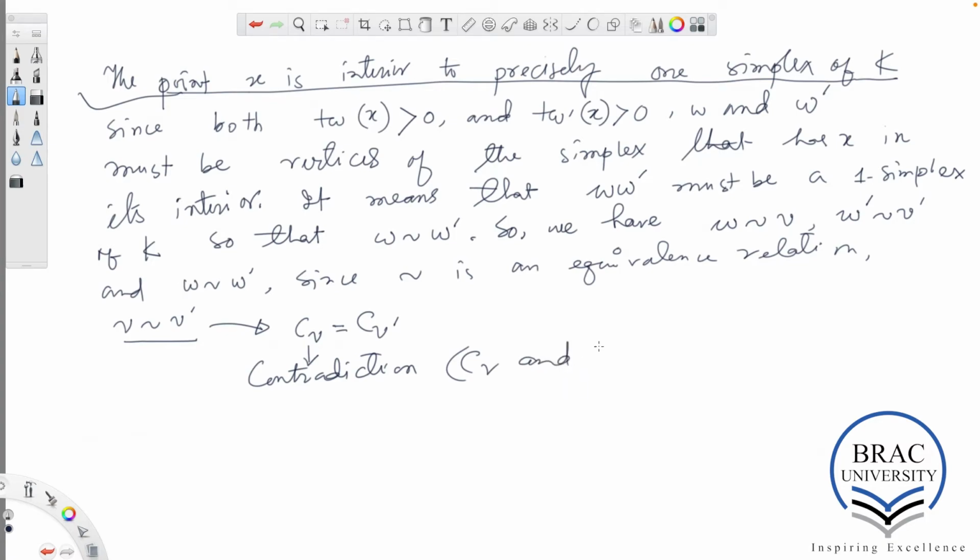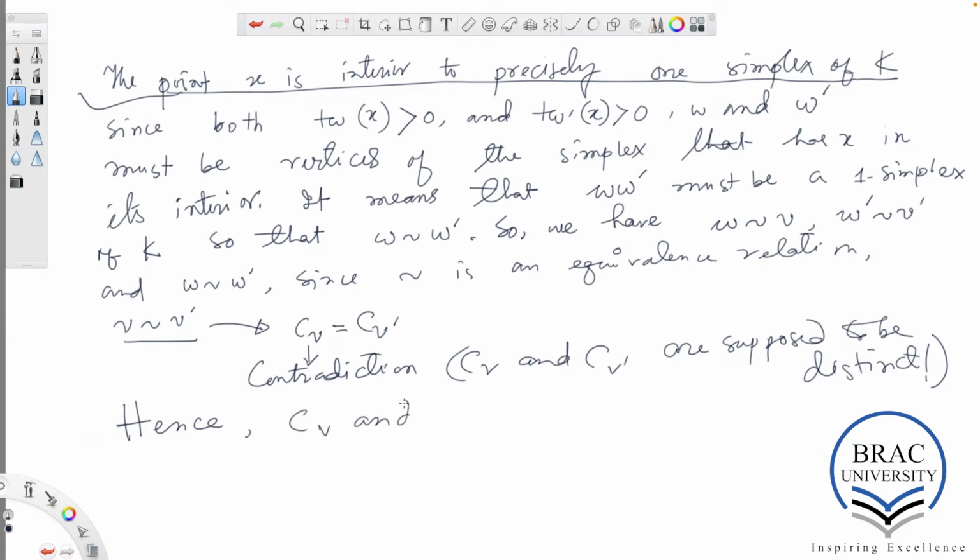C sub V and C sub V prime are supposed to be distinct. Okay, good. So which means that our primary assumption was incorrect. C sub V and C sub V prime are disjoint.